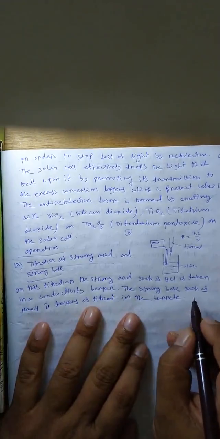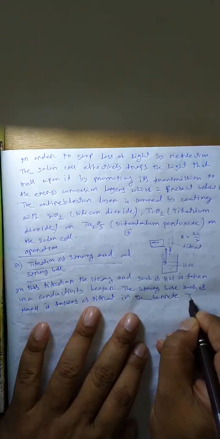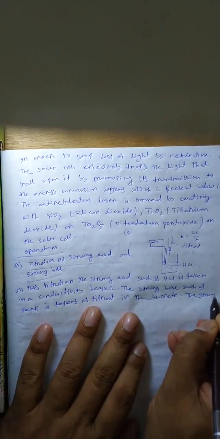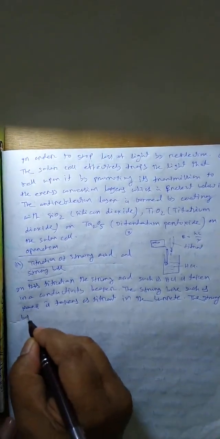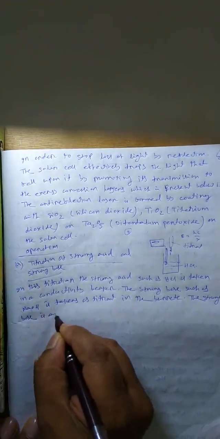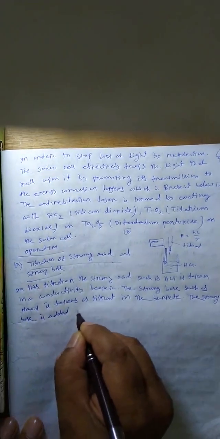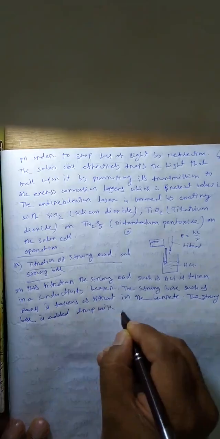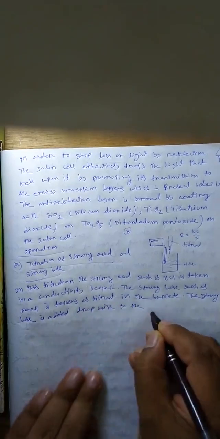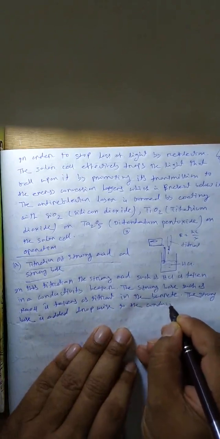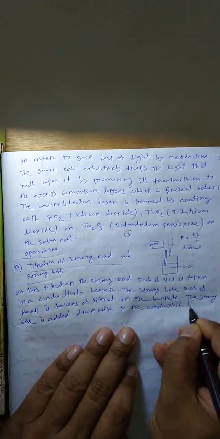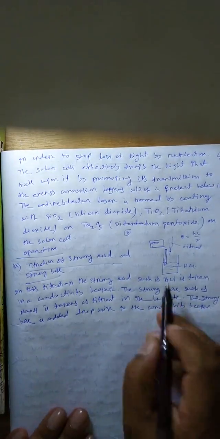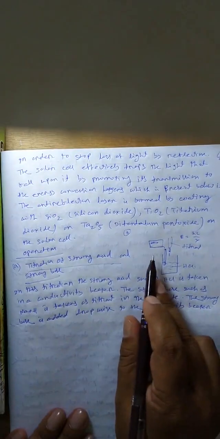The strong base is added dropwise to the conductivity beaker. We know that after each addition you have to stir the solution and note down the reading.